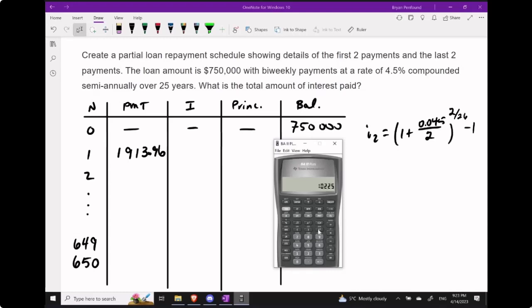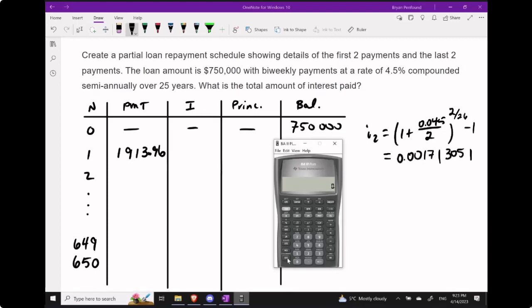Close that bracket and raise this to the power of open bracket 2 over 26, close that bracket, and subtract 1. This should be the value of I2, so I'm going to store that under number 9 so that we can recall it later.